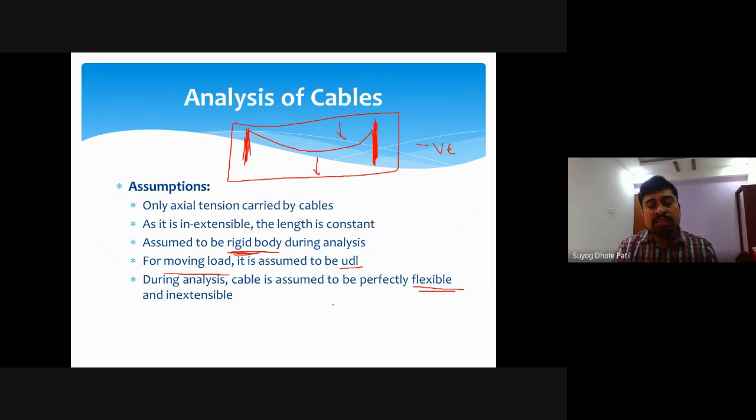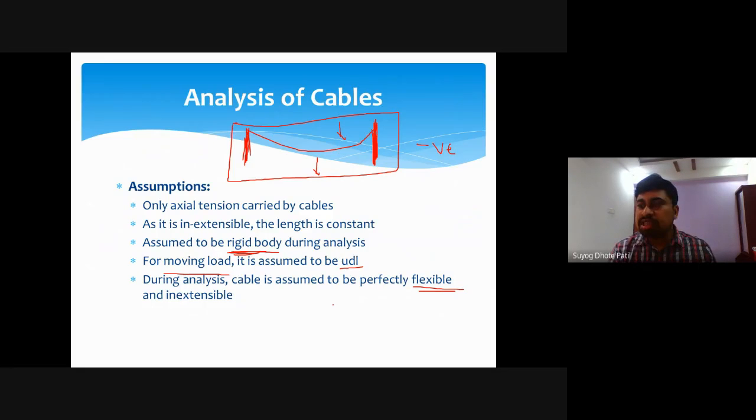Cables are flexible in nature. They are inextensible, so whatever length is considered during application of load is constant. The whole assembly of the cable, with the two supports in between, is considered rigid.